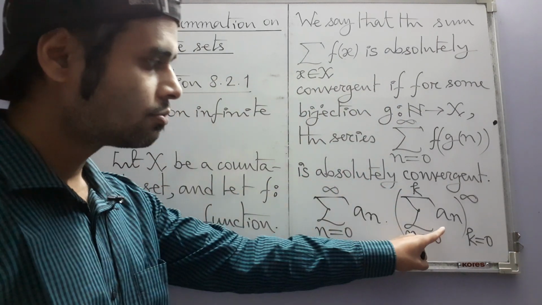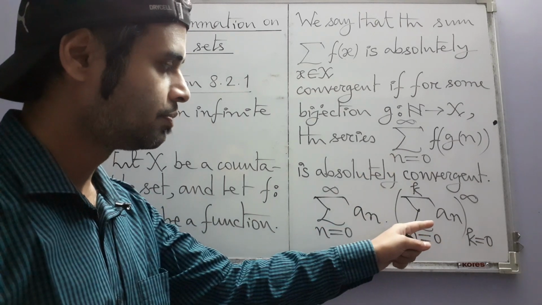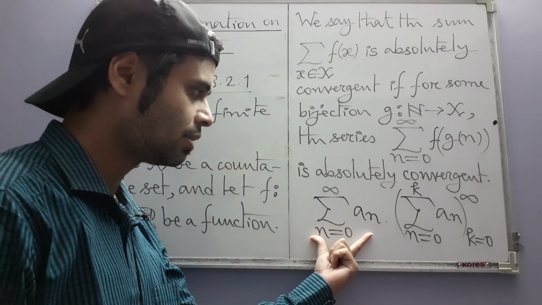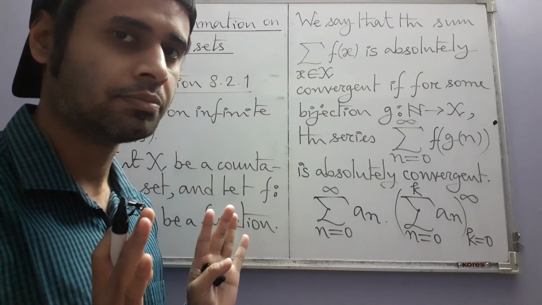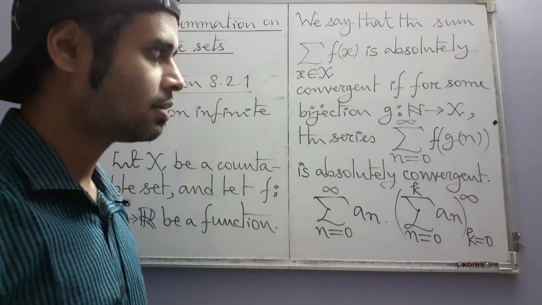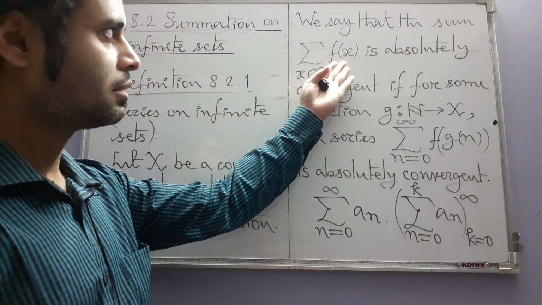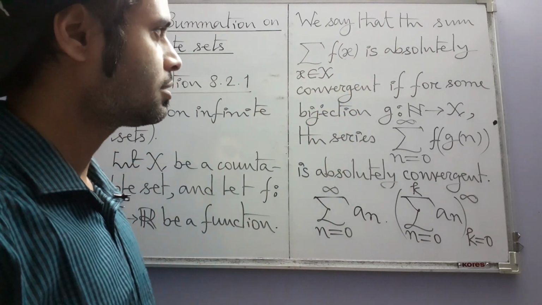And when this sequence of partial sums converges to some real number, we say that this series is convergent and has that real number as its sum. That is our usual convergence of a series of real numbers. This, however, is just some abstract symbol. Still, we are calling it a sum.